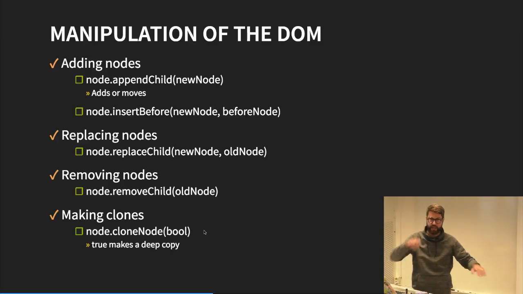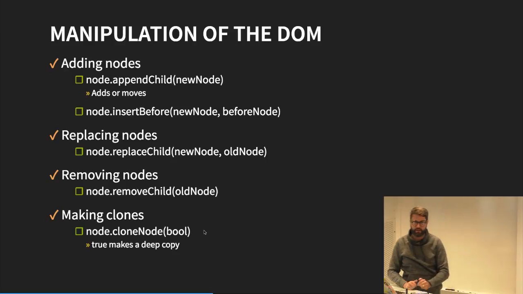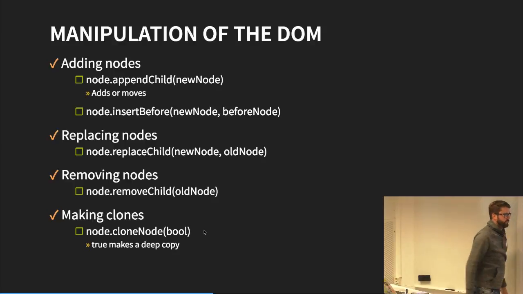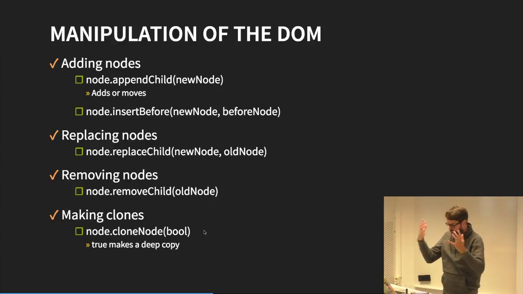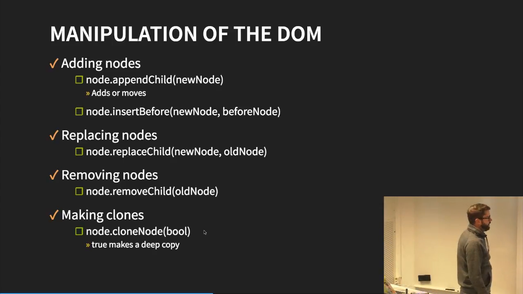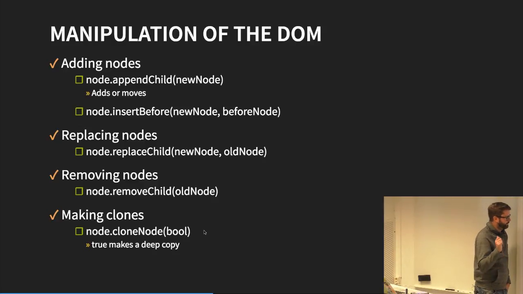It's a tree, so you cannot have any circular dependencies. So if you append it, it will be removed from somewhere else, or if it's a new node, it's not in the DOM from the beginning, so it will not be removed from anywhere in that case.